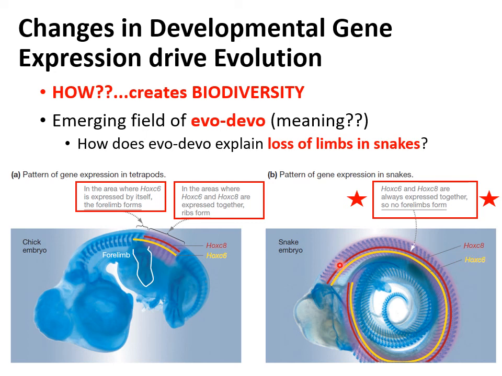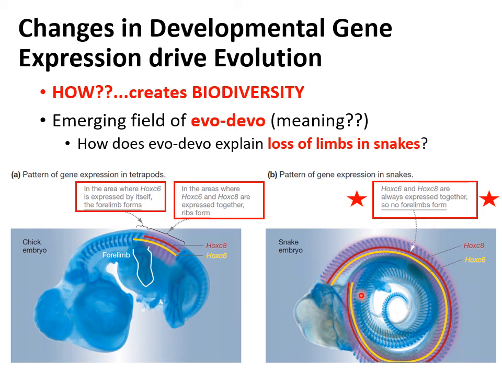So through this change in evolutionary gene expression of having both Hox genes 6 and 8 all along the embryo of a snake, as opposed to chicks and other organisms where it's varied and you have individual expression and forelimb development, snakes, you notice, have nowhere for forelimbs.